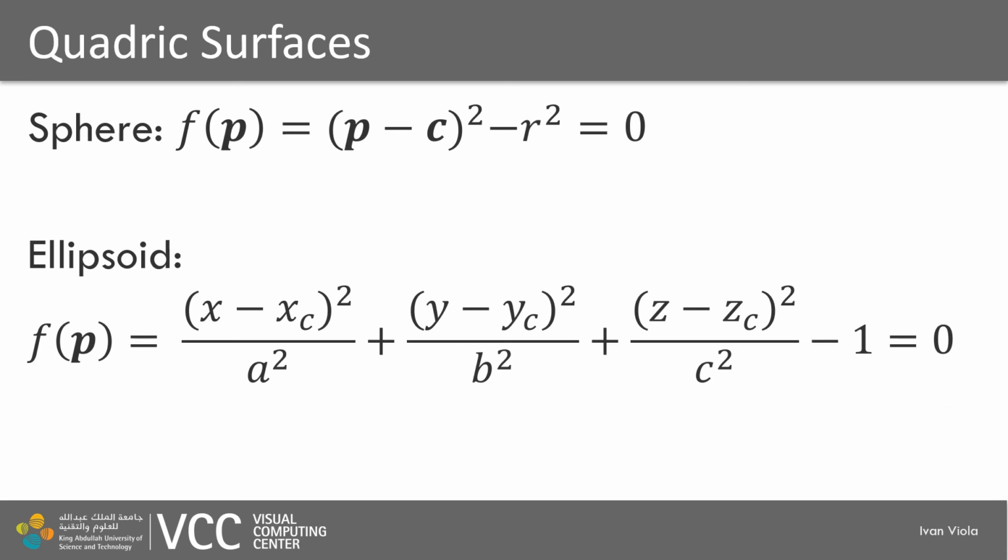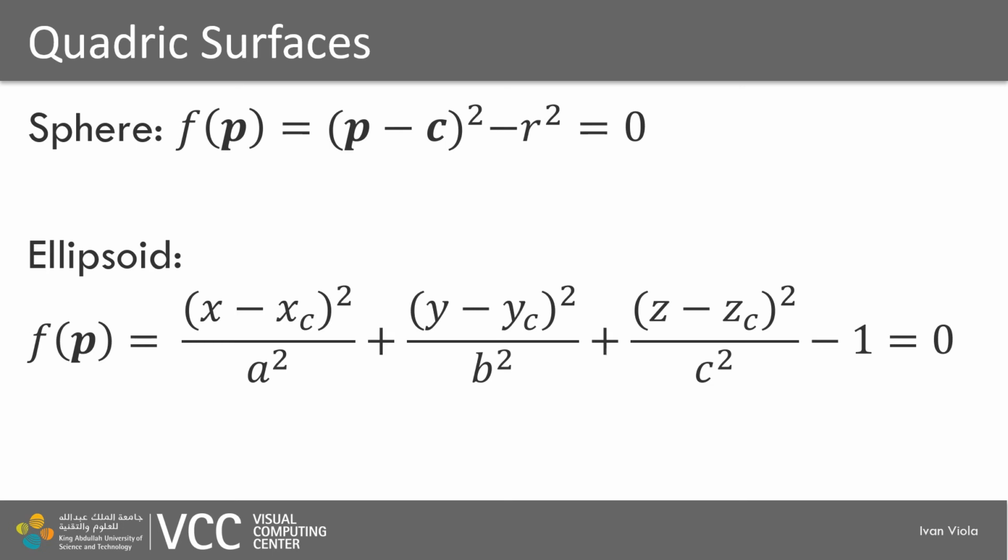The functional description of quadric surfaces in the implicit, vector form can look very similar or even identical to the two-dimensional case. We can see it on the example of the sphere, where in the vector form we simply evaluate the dot product of the vector PC with itself, which results in the square of its length, and the square of the radius.